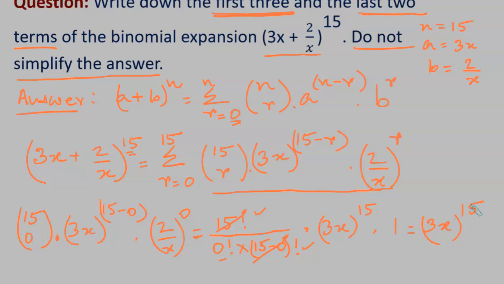I am not getting the numerical value of 3 raised to the power of 15. I am keeping it over here. If they want, they can take this, and this is slightly more simplified but not totally simplified. Okay.